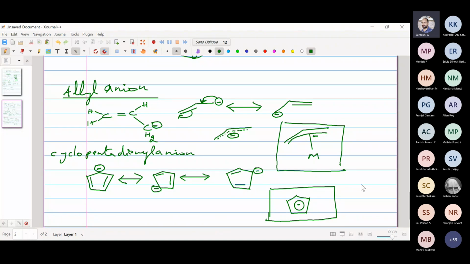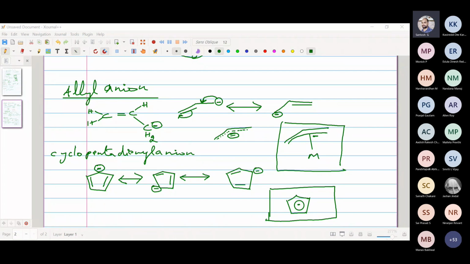Now I'm going to talk about one simple way to understand these kinds of complexes, and that's where you have what is called electron counting. Okay, so there are two different methods of electron counting which I want to teach you, and I'm going to do that now.